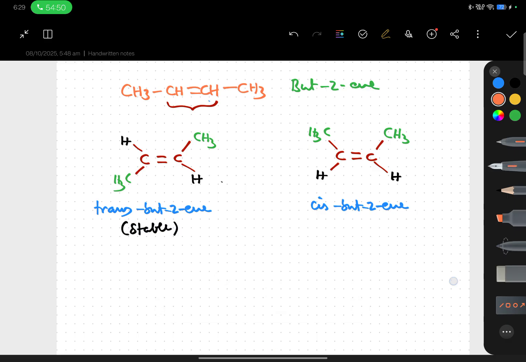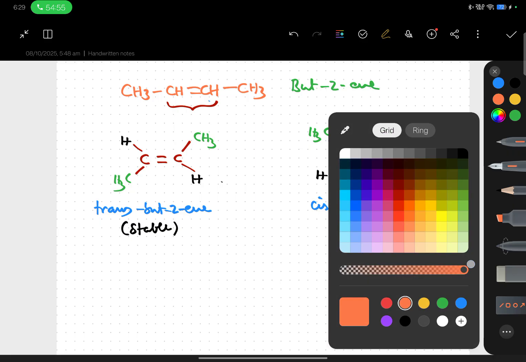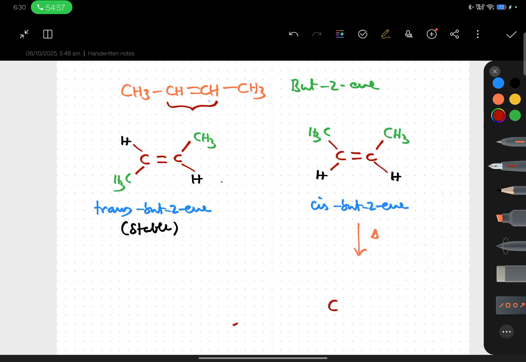So what will happen? You just heat this molecule. If you heat it, the pi cloud will break, so the methyl is here and the hydrogen will be here, because it's the cis isomer.